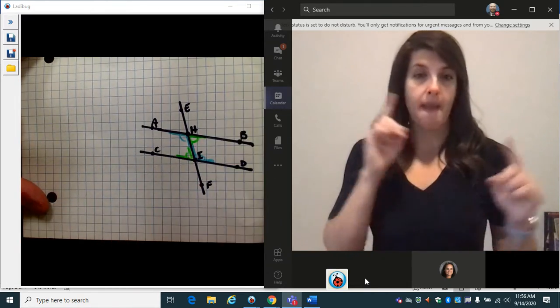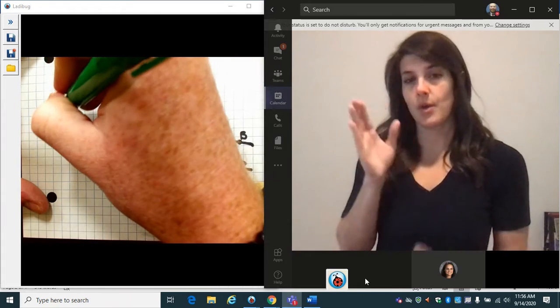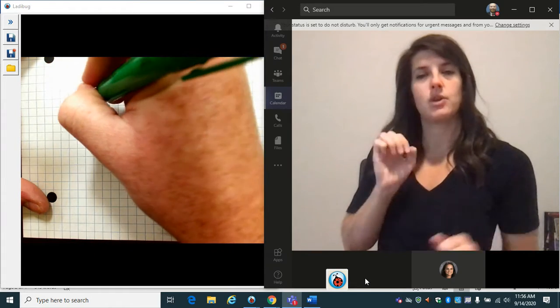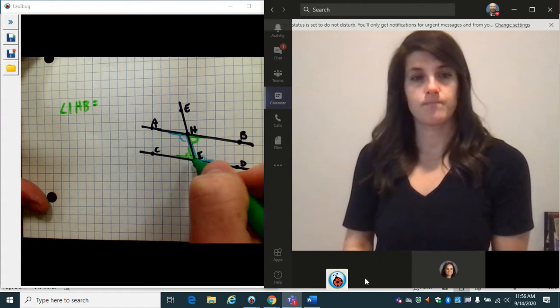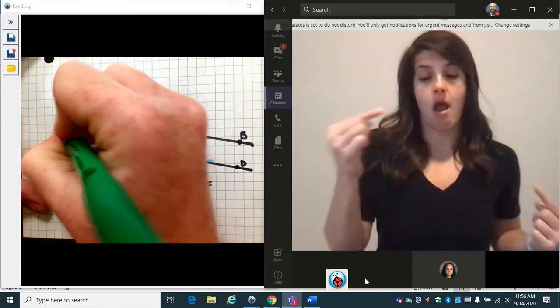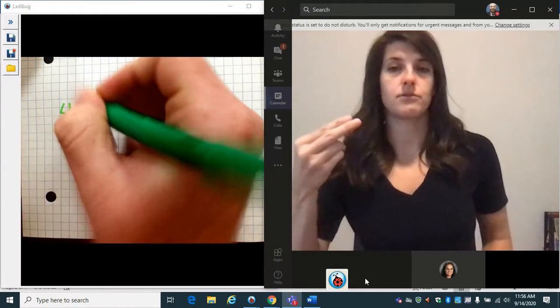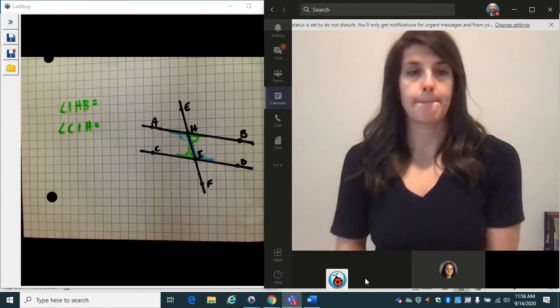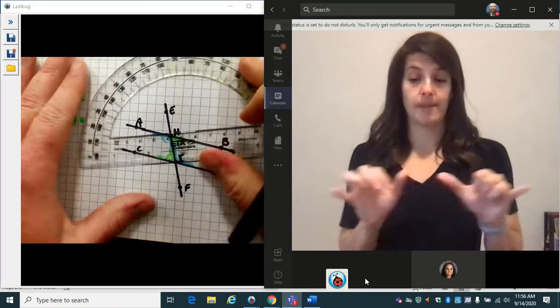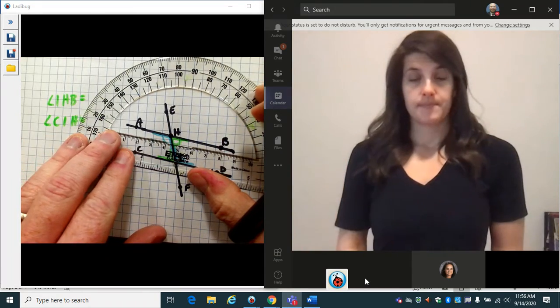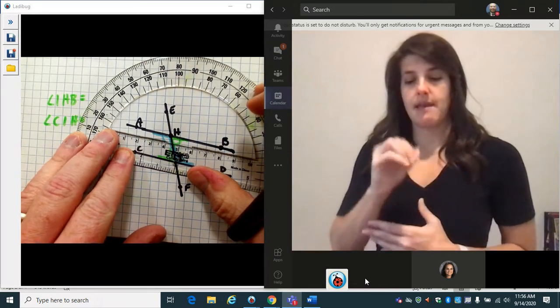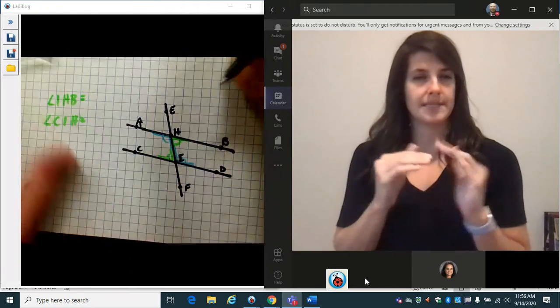So this time I'll look at IHB, our green angle, and its alternate angle, CIH. I take my trusty protractor and I measure here CIH. I'll see that my angle measures right around 70 degrees.